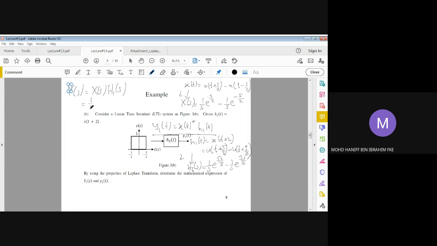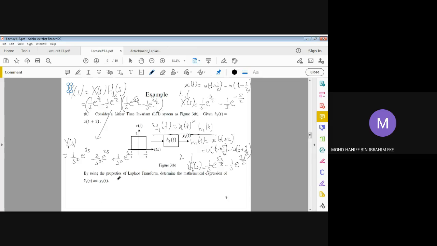So we have 1 over s e^(s/2) minus 1 over s e^(−s/2), multiplied with 1 over s e^(5s/2) minus 1 over s e^(3s/2). Solving this multiplication, we end up with Y1(s) equal to 1 over s squared e^(3s) minus 2 over s squared e^(2s) plus 1 over s squared e^(s). So that should be your Y1(s).